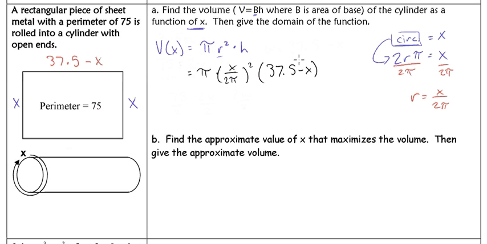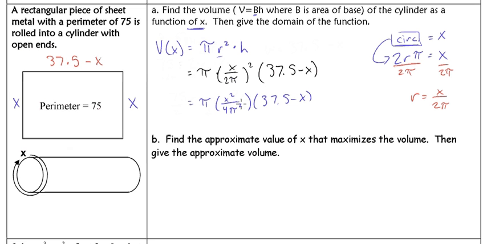All right, we'll multiply this all out. This turns into pi times, let's switch colors to keep it clear. This is going to become pi times x squared over 4 pi squared times 37.5 minus x.